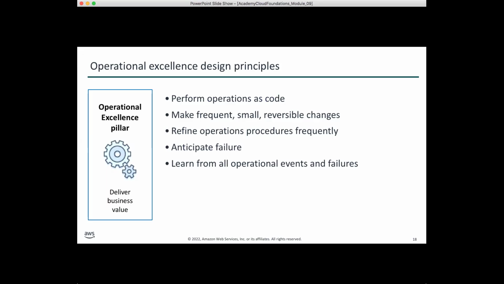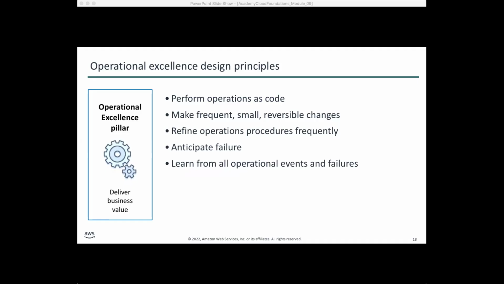So any operation you identify that needs to be designed, that needs to be put on cloud, we should visualize as code. In that code, we keep making frequent, small, and reversible changes as per our need, isn't it? Once we come up with an architecture, we need changes.